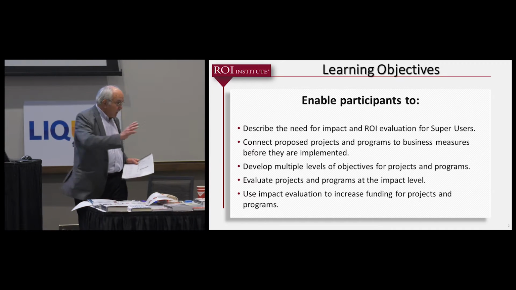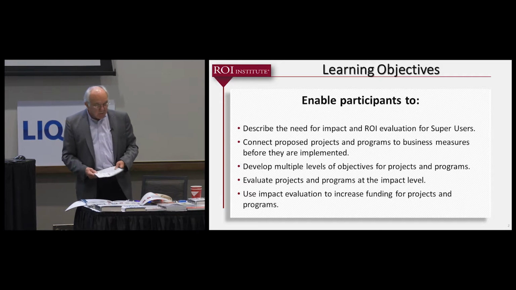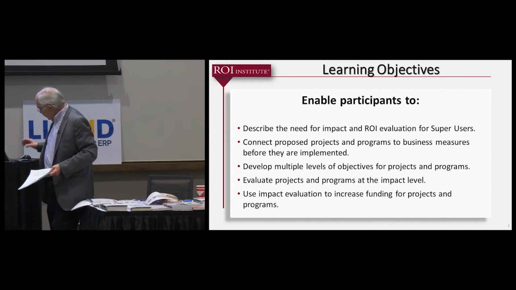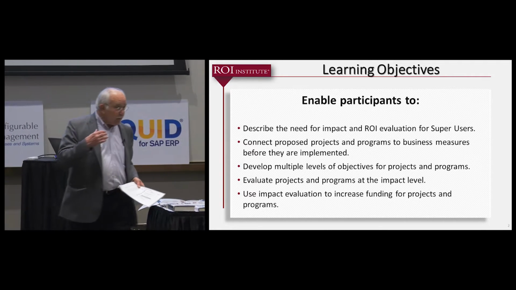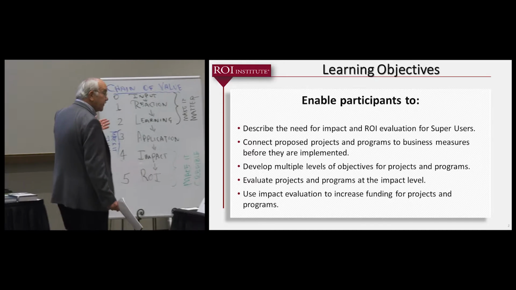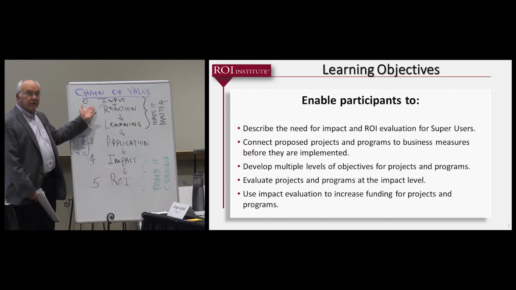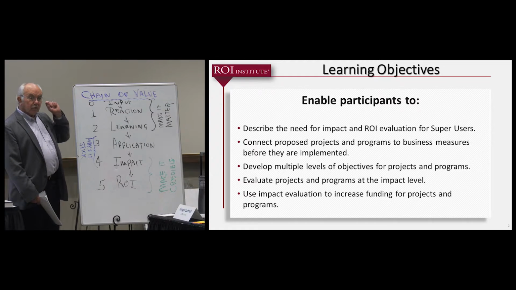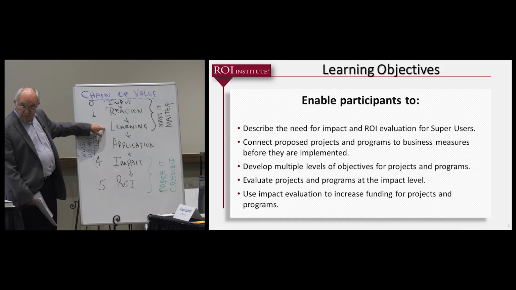As you work through these levels, we'll be looking at the multiple levels of objectives. That is, we want to have an objective for reaction, something you probably haven't done. Set an objective, how you want the people you're working with to react to what you're doing. Objectives around learning, you probably have those.